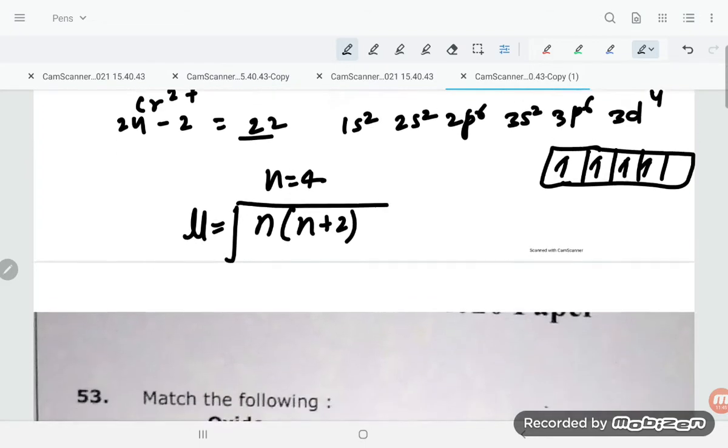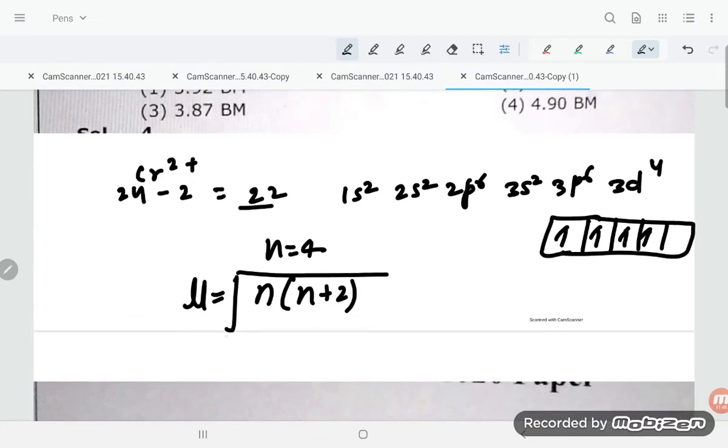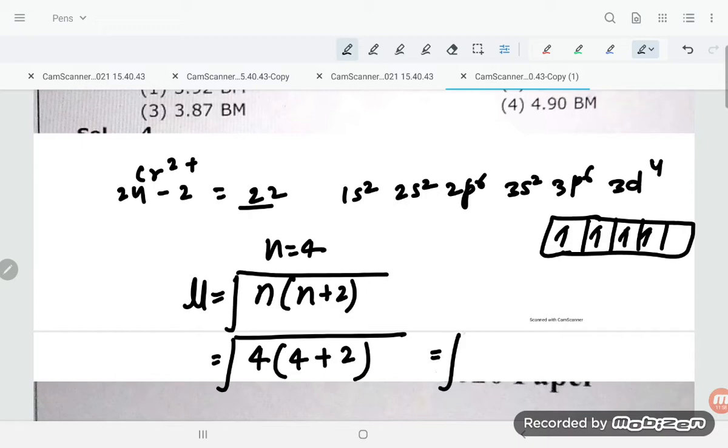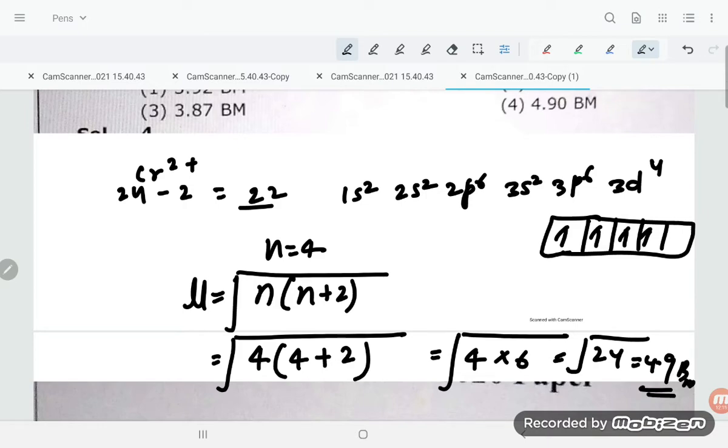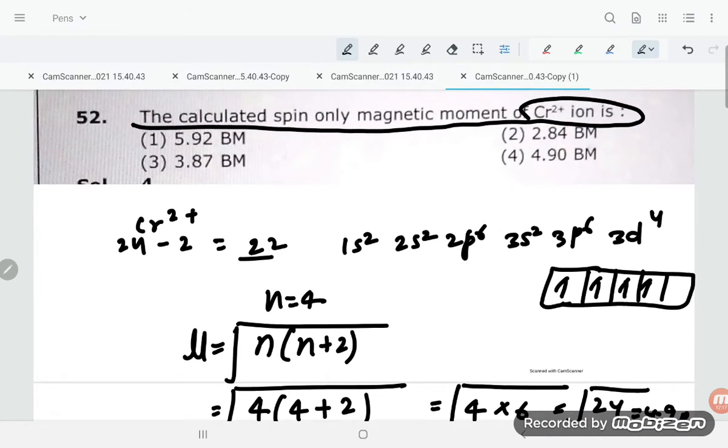The n value is 4, so 4 plus 2, that is 4 into 6, which comes to 24. The square root of 24 will come to 4.9 Bohr magneton. So the correct option will be 4.9, option number 4, students.